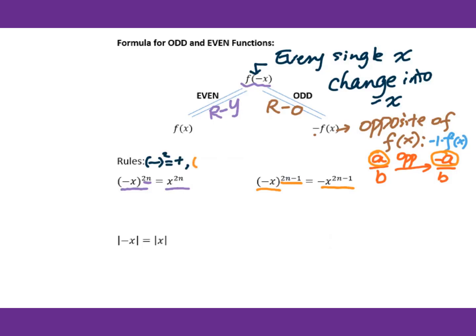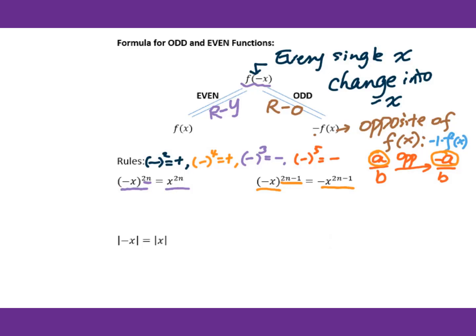When you do a negative sign to the 4th power, you get a positive. A negative sign to the 3rd power is a negative, and a negative sign to the 5th power is a negative.